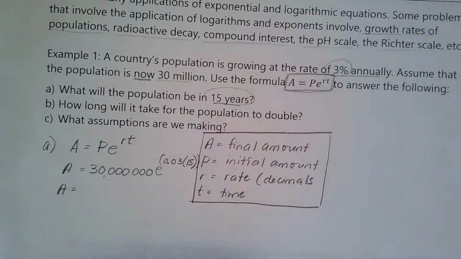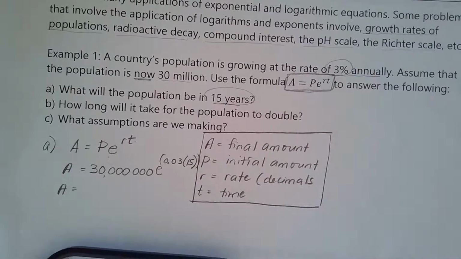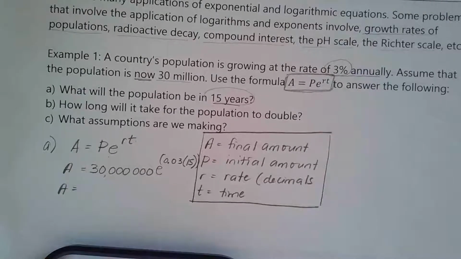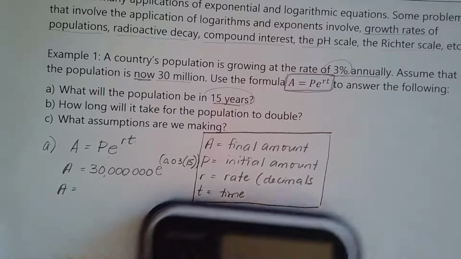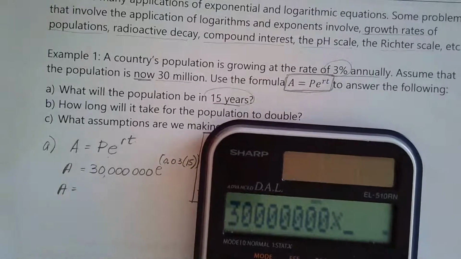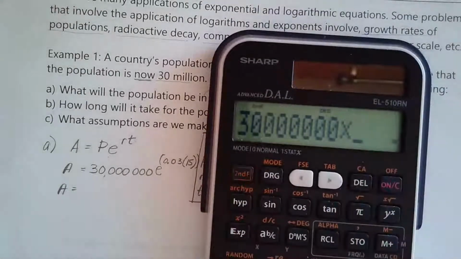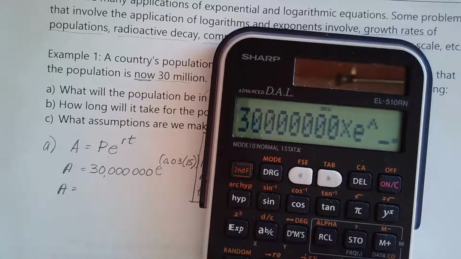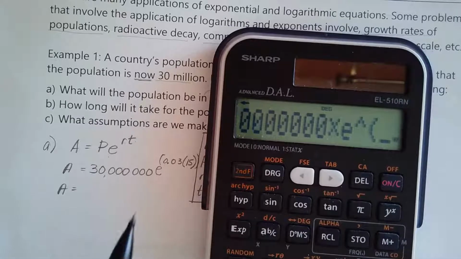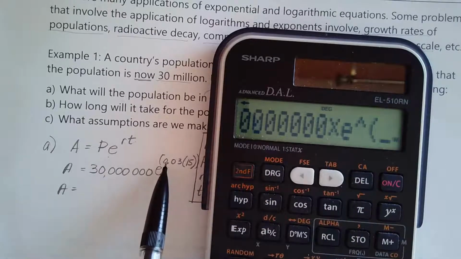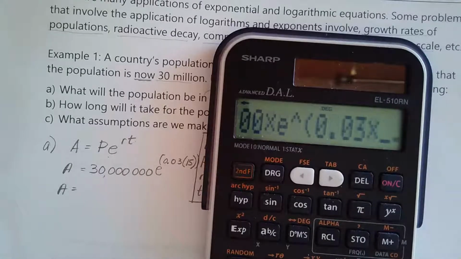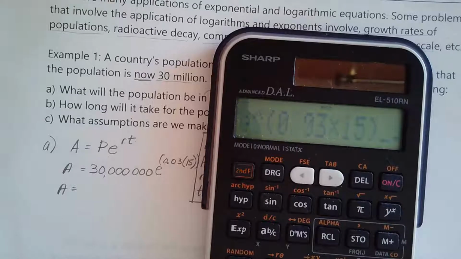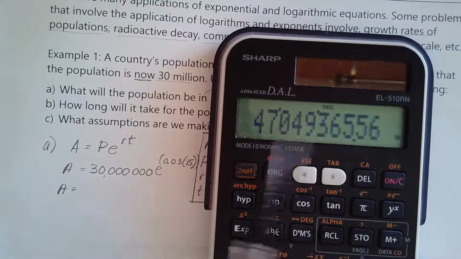Let's type that in and see what number we get. 30 million times e to the exponent, with brackets because I want to raise e to the power 0.03 times 15. Okay, so now I got this number.